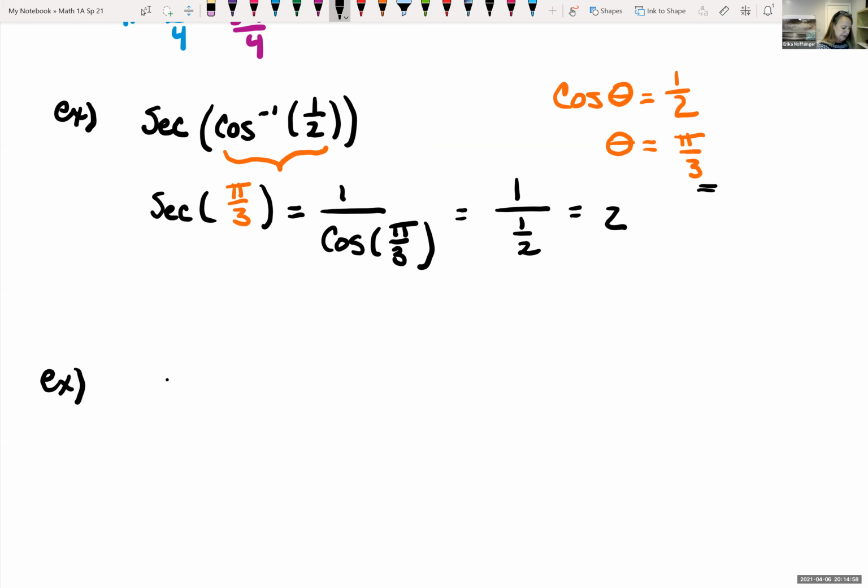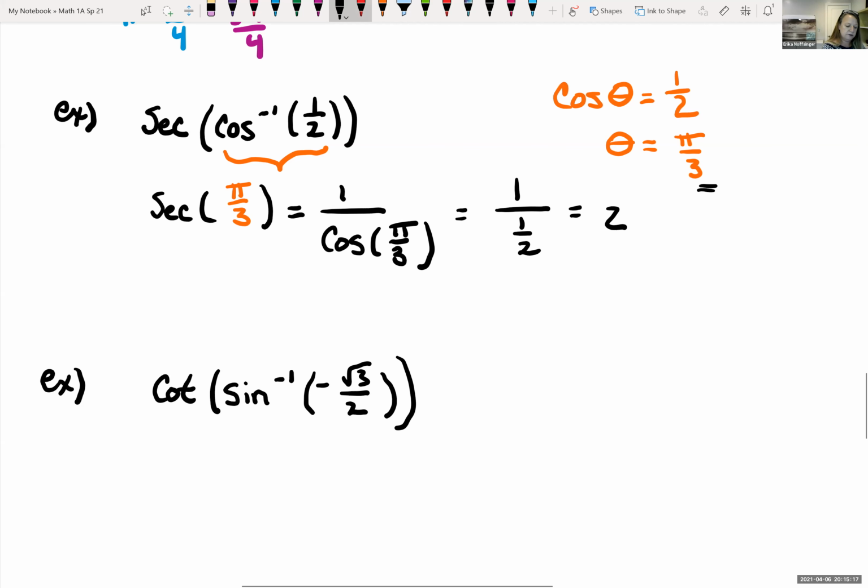So what if it was cotangent of sine inverse of negative root 3 over 2? Again, we want to work in the inner piece first. So we want to figure out what is this sine inverse. And I tend to, like I said, first figure out the positive. So what is sine inverse of positive root 3 over 2?